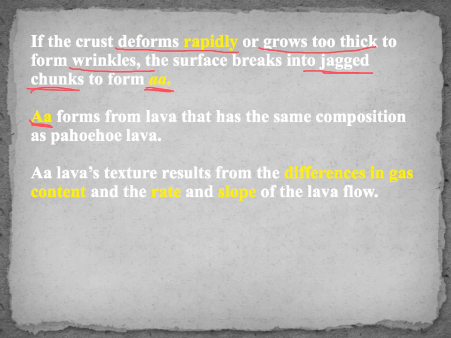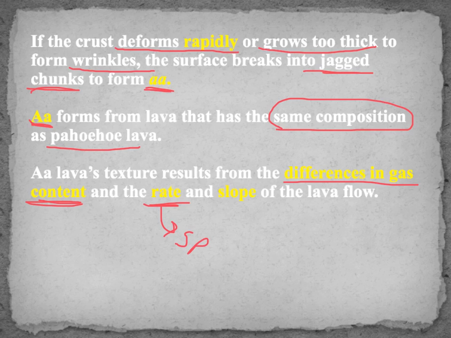And the main difference between a'a and pahoehoe, even though they could have the same composition, is not only whatever dissolved gases are in there, but also the rate, which is the speed, and the slope of the lava flow. And so the faster the lava is moving, it might cool a little slower, get pushed more out of the way, and so you'll end up with one type or the other.